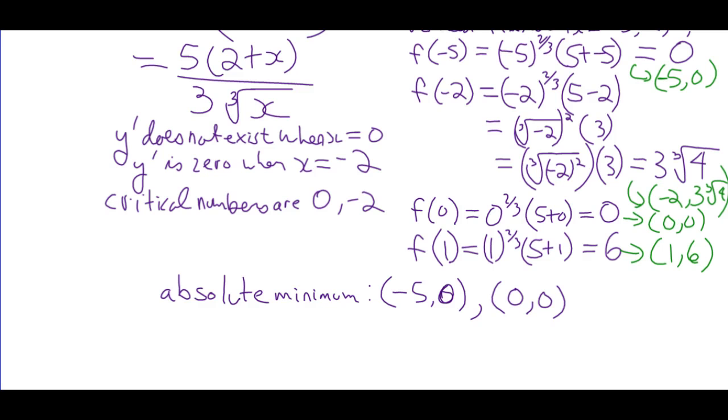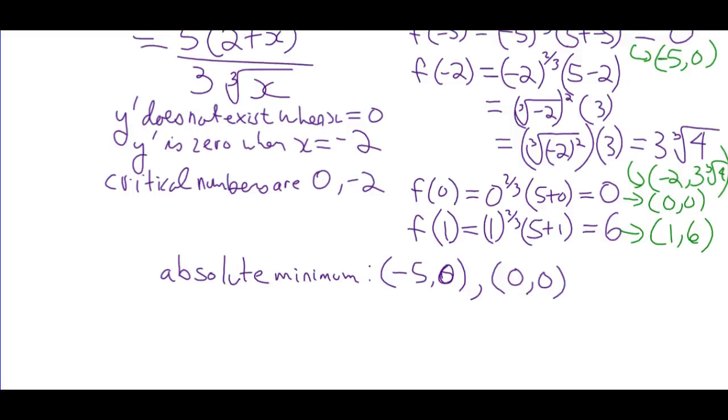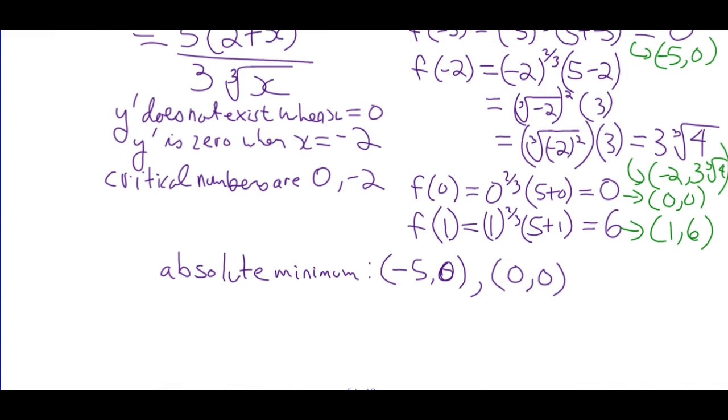Okay. What's bigger? Cube root of 108 or 6? 6, because 6 is the cube root of 216. You just got to cube the 6. That's how you get that. So then we have what? Did it say absolute and local or just absolute? Local and absolute maximum.